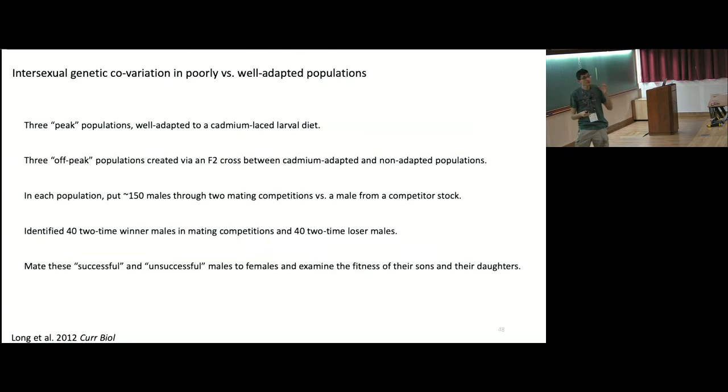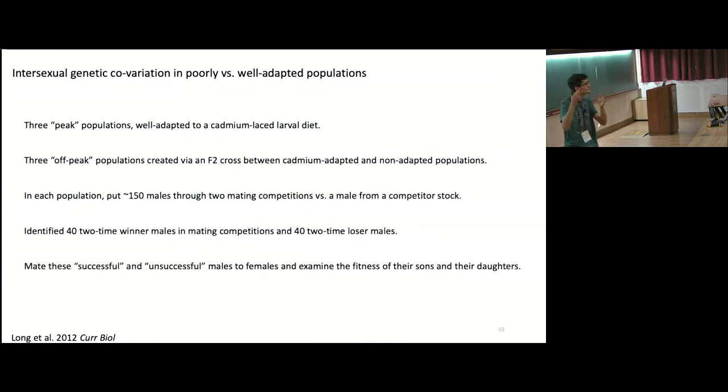Okay, then what we did, so we had 3 replicate peak populations and 3 off-peak populations. And for each of those, this was work of a former postdoc, Tristan Long, he took about 150 males from each of these populations, and for each of those males, he put it in a mate competition with some competitor male competing to mate with the females.